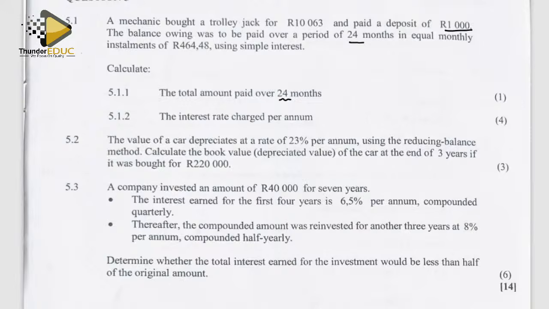So if these are just installments, they want the total amount that was paid. So meaning that we're just going to get the 464,48 multiplied by 24. Okay, so what do we get there? People with calculators, help us.